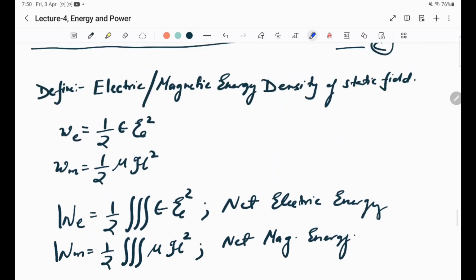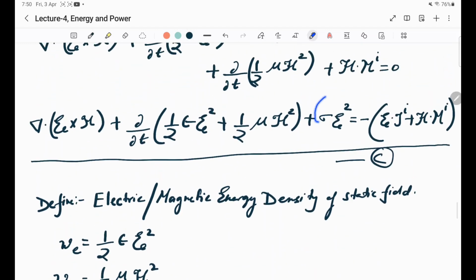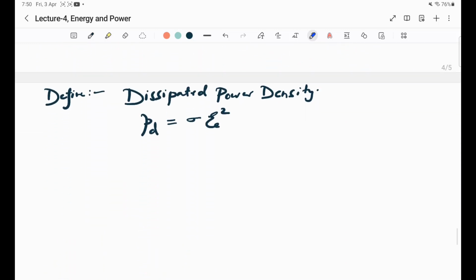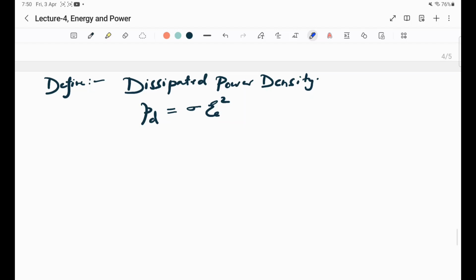If you see equation number C, this term sigma E squared is defined as the dissipated power density, which is dissipated as heat. It's a power loss term, the loss term basically.